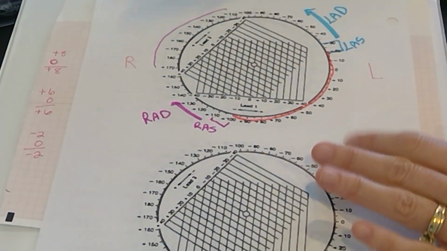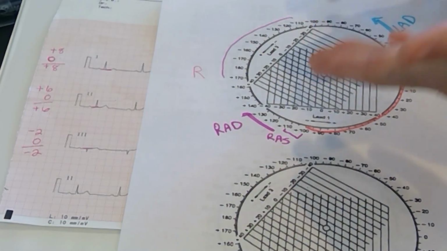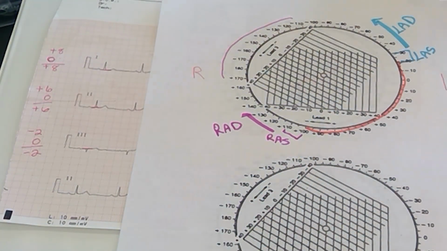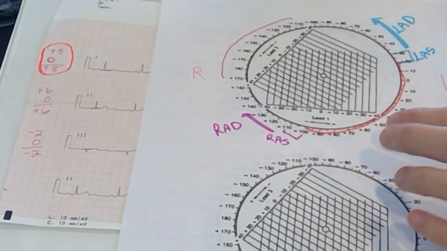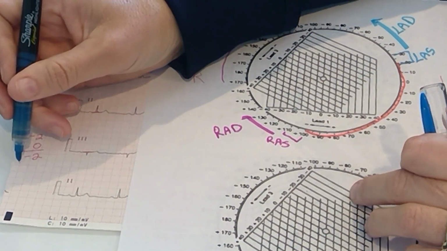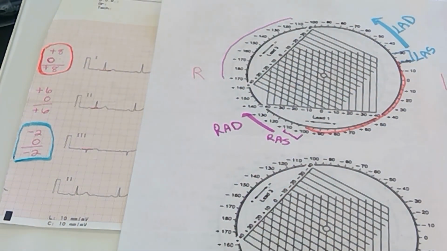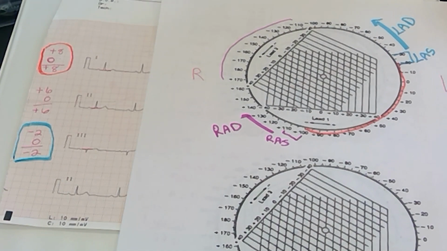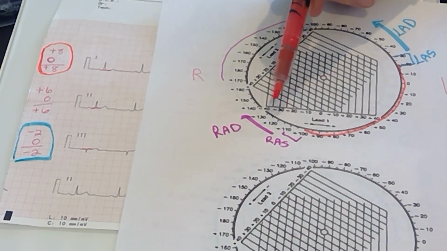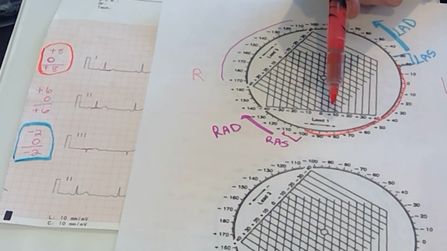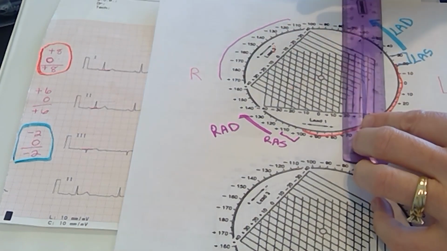Okay, so how do I plot these values that I calculated here onto the compass? Well, I only need to use lead 1 and lead 3 for this. So lead 1 is a plus 8. Notice down here for lead 1, they are showing you guidelines that are going vertically.